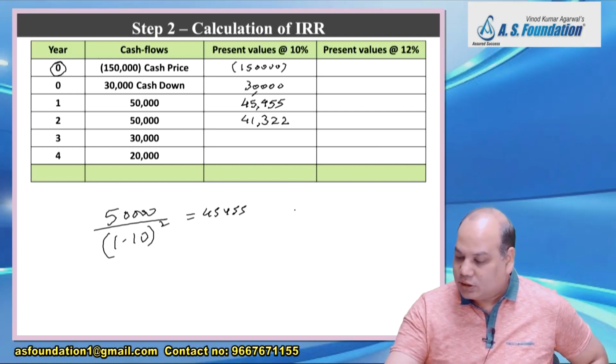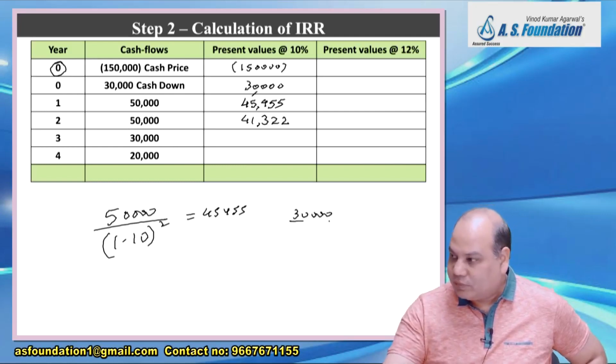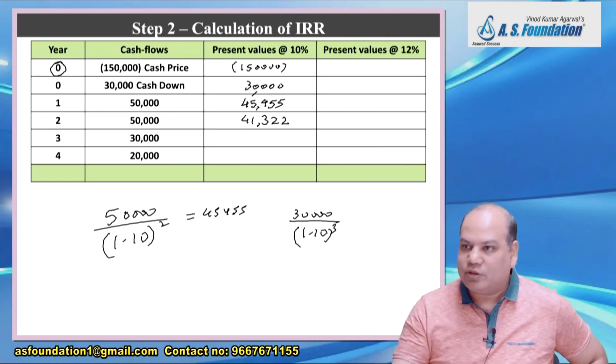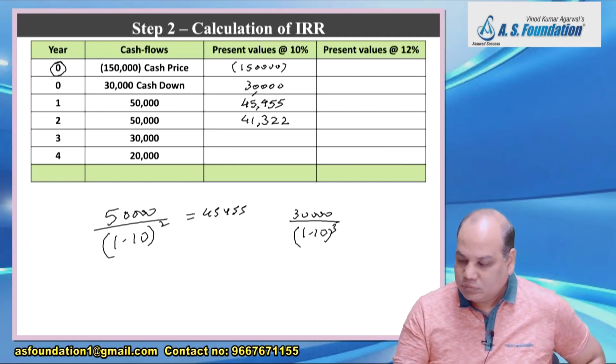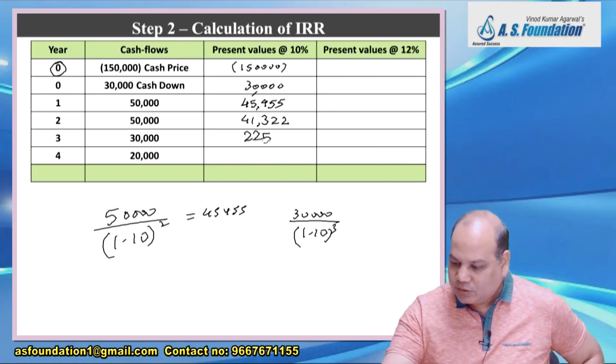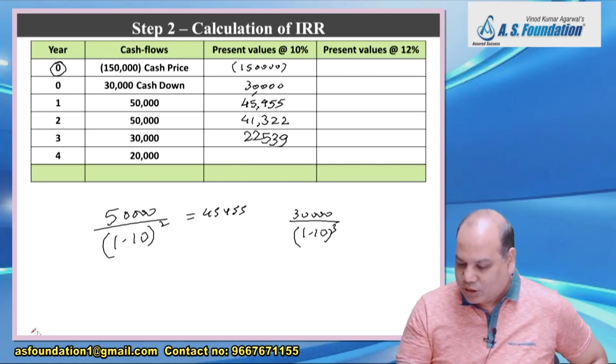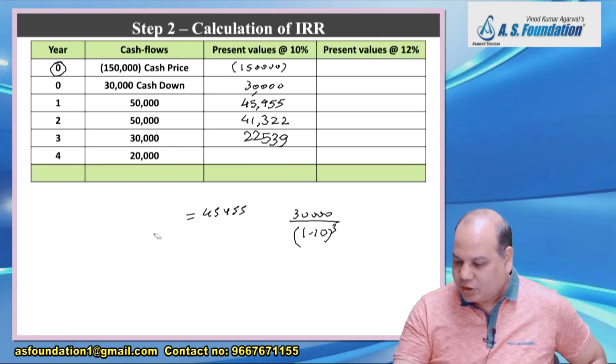Now take 30,000 divided by 1.10, press equal to 3 times: 22,539. I am not asking for anything unreasonable. You have done this in your maths and it is taught at school level mathematics also.